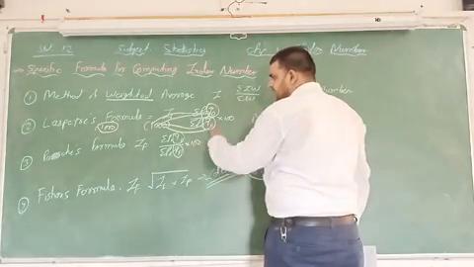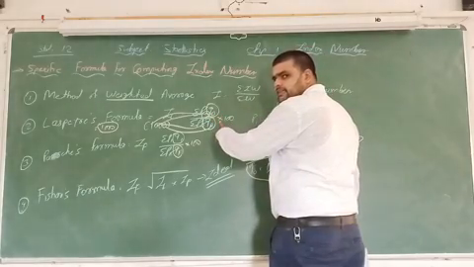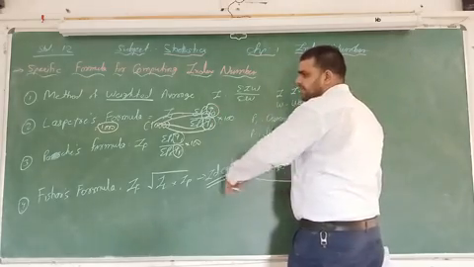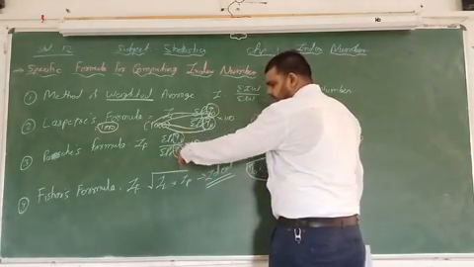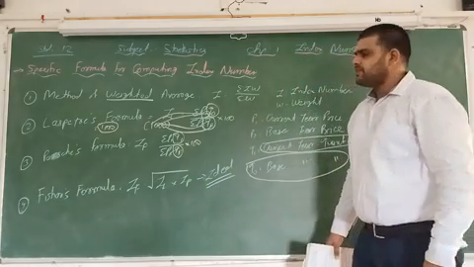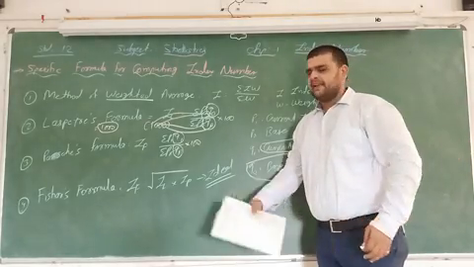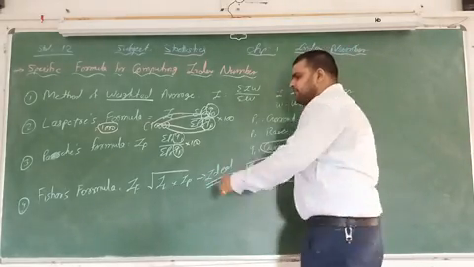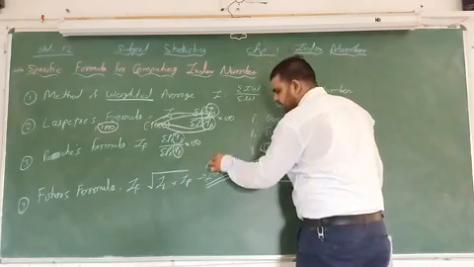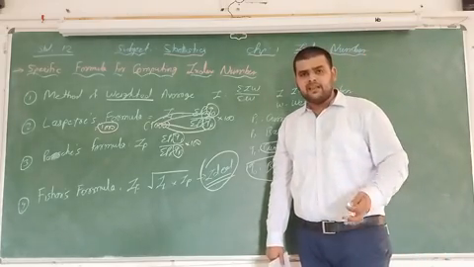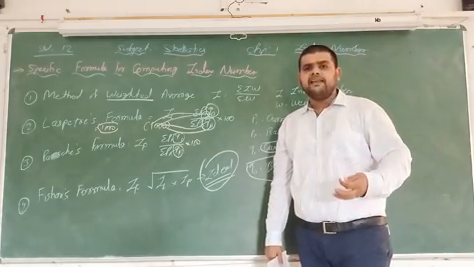Laspeyres gives importance to base year quantity, Paasche gives the importance to current year quantity, but Fisher's gives the importance to both current year as well as base year. That's why Fisher's index number is called the ideal index number.